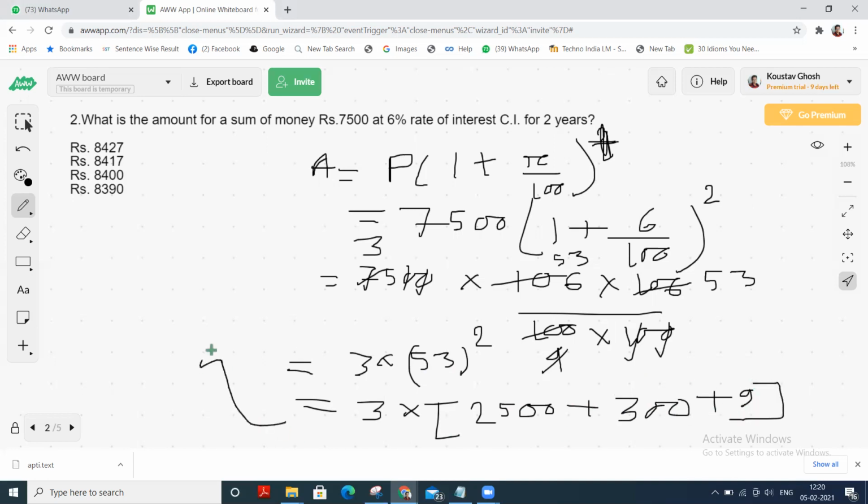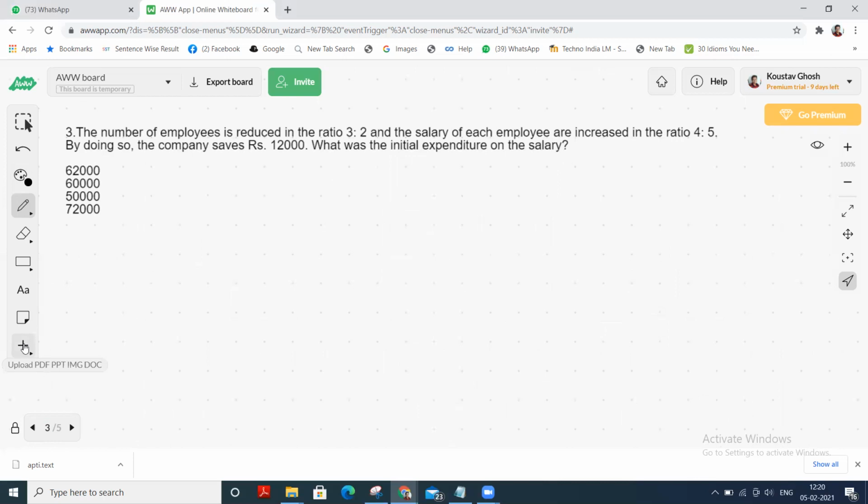Okay, so 3 into 2,500 plus 300 plus 9 is 2,809. 2,809, that is 3 nines are 27, 3 twos are 6 plus 2 is 8, so 8,427. So here is the answer. I think this is clear to you. Okay, so go to the next question.